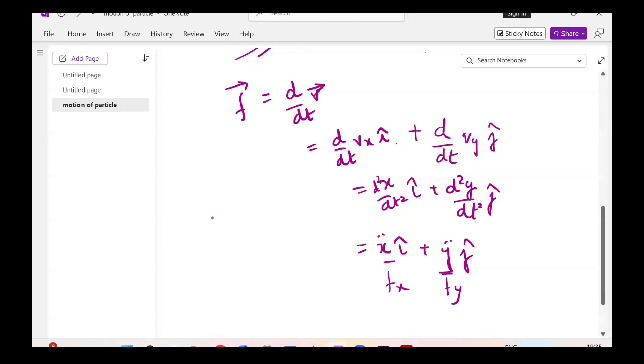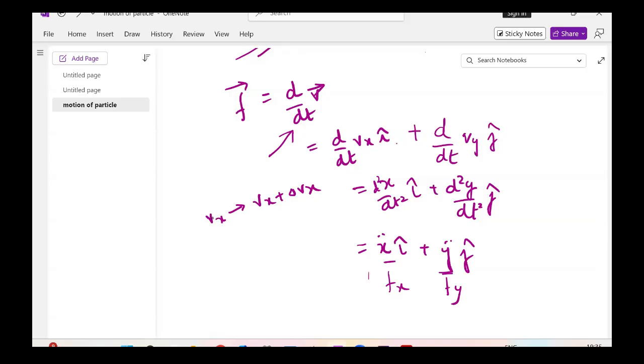In the limiting condition you can also think of it this way. If v is changing with respect to x, that means vx is changing, from vx we go to vx plus del vx. I am studying the change of vx with respect to t while calculating the acceleration of the particle with respect to x.